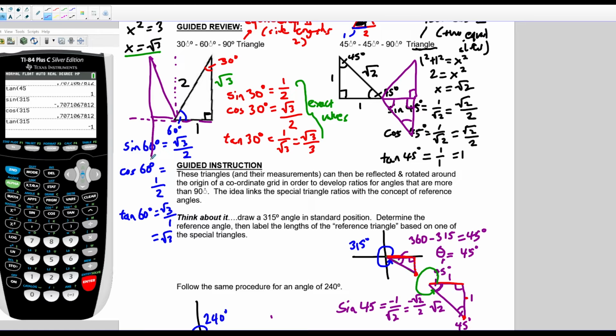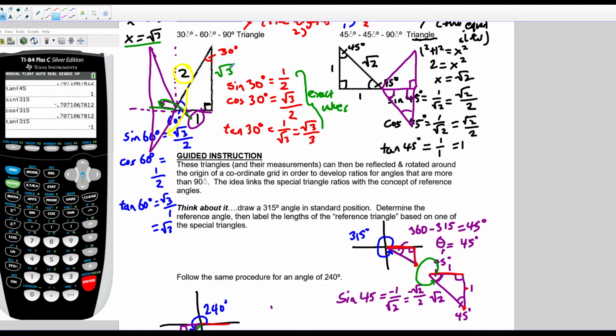Looking at our side lengths, we can see that this 1 was this bottom side right there. Maybe I'll do this in a green. So the 1 is right here, which means that the 2, and I'll do this perhaps in a yellow, the 2, our hypotenuse, is going to come right here, which means that our √3 has to be this side right there.